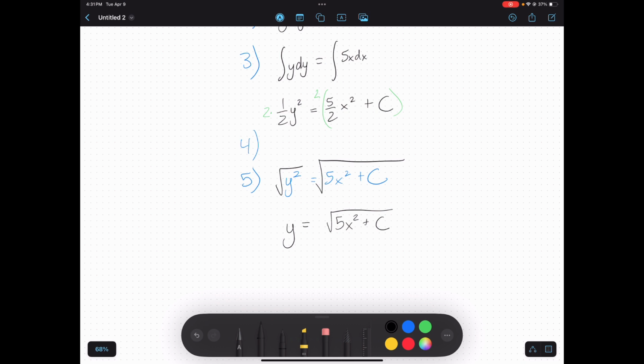Notice this isn't a square root function; we had to take the square root as part of solving for y. Whenever you square root as a part of solving for something, you have to take into account that your result can be both positive or negative. So this answer will still work even if it's the negative square root of 5x squared plus c. And so that actually gives you 2 different solutions: positive square root of 5x squared plus c and negative square root of 5x squared plus c.